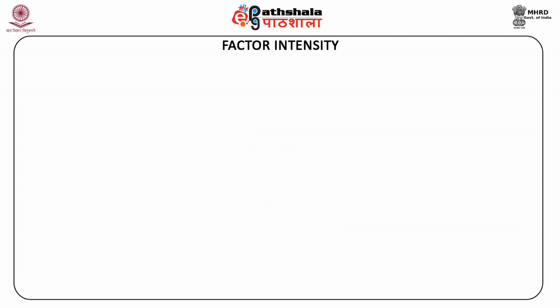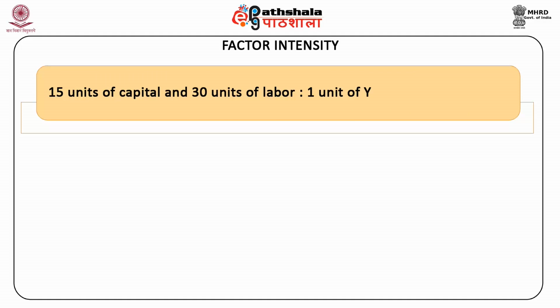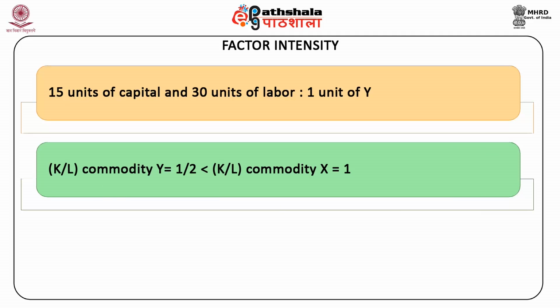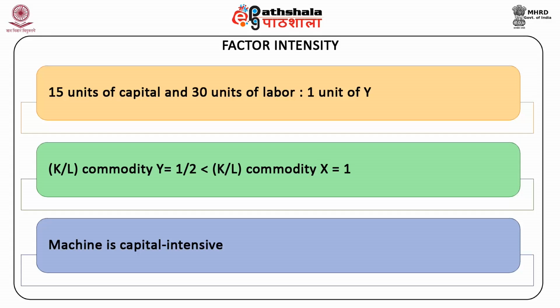For example, if in the above example, Nation 1's production pattern changes such that now 15 units of capital and 30 units of labor produce 1 unit of commodity Y, then the absolute amount of capital used in the production of commodity Y is higher than used in the production of machines, but K by L for commodity Y, which is 1 upon 2, is less than the K by L for commodity X, which is 1, implying that machine is capital intensive.